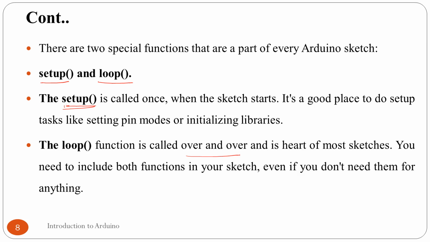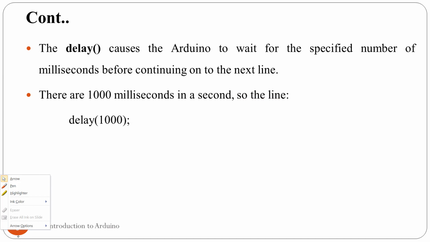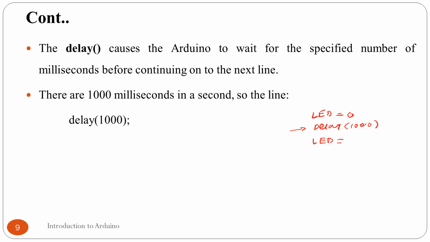Now please remember one thing: setup is called once initially, and void loop is called infinite times. Another function is delay. Delay causes the Arduino to wait for a specified number of milliseconds before continuing on to the next line. For example, you are putting the LED into the 0 state, that is the low state, and then you call delay. Suppose I write 1000 here, and after that I write 1.